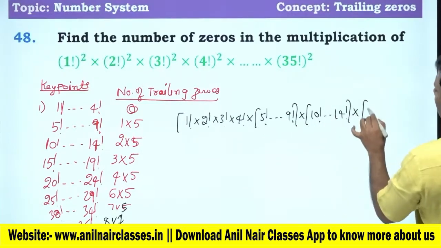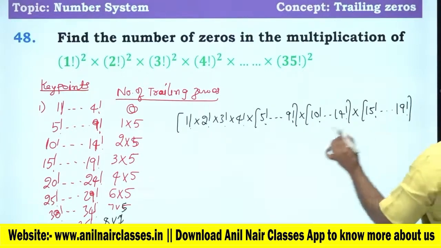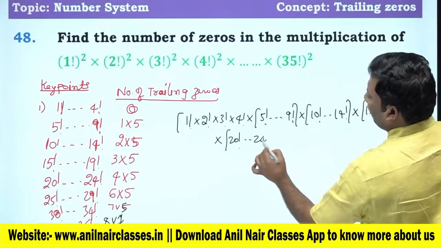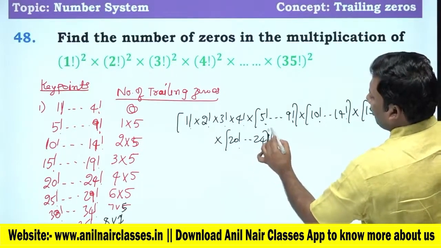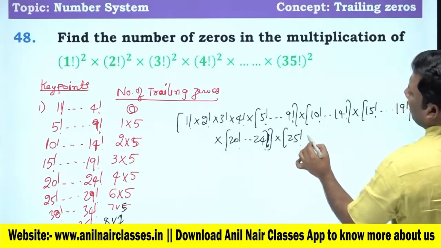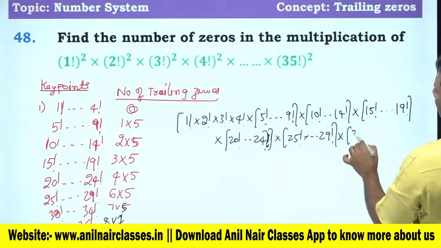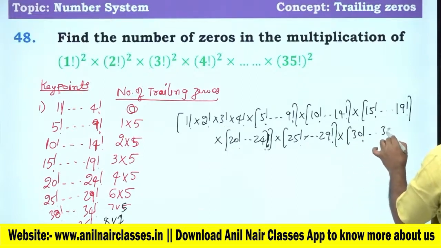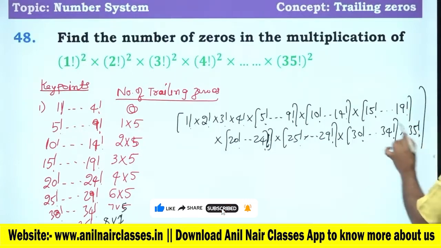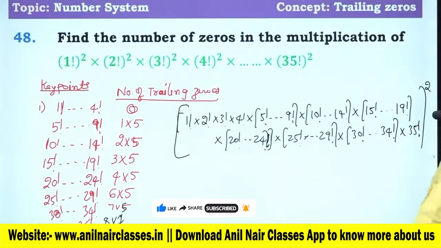I hope you are understanding why I am writing like this. 15 factorial till 19 factorial, 20 factorial till 24 factorial, into 25 factorial till 29 factorial, into 30 factorial till 34 factorial, into 35 factorial. Whole square, the question is given.